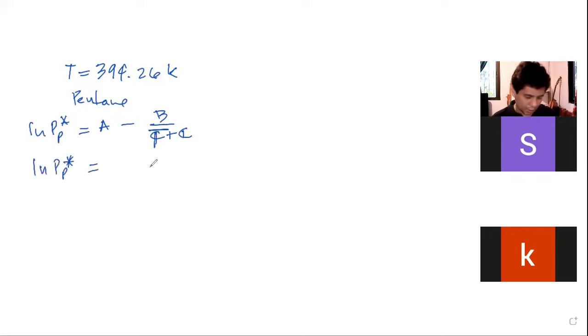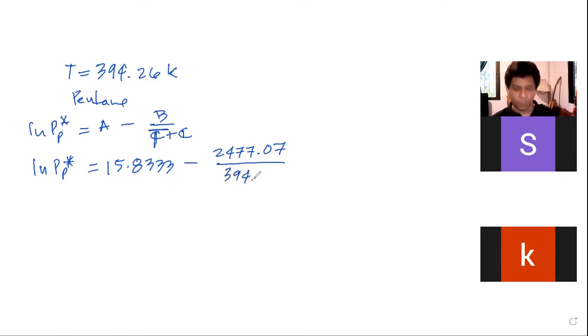So A is 15.8383. How many 3? We have 3 3s. Tapos minus B, 2477.07. Tapos, ang temperature natin is 394.26.